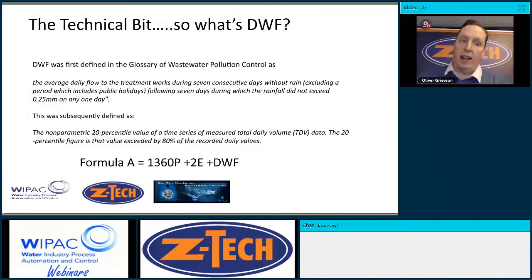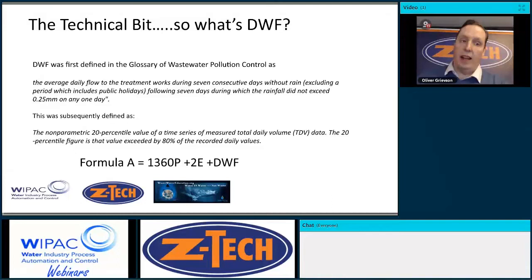A lot of people for dry weather flow, and I've just noticed my formula's wrong on this. Dry weather flow, of course, is PG plus I plus E. Now, E, as I said with Formula A, what precisely is it? Is it the consented value of our trade effluent customers? Infiltration, very difficult to define.